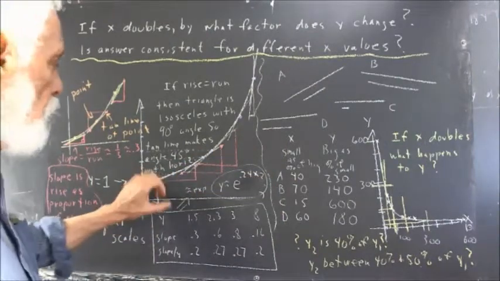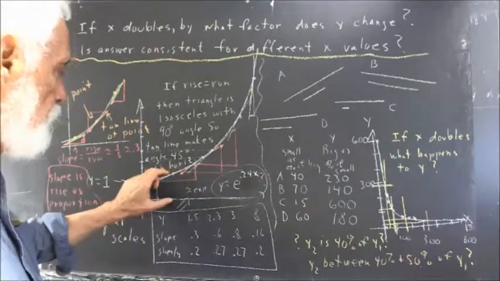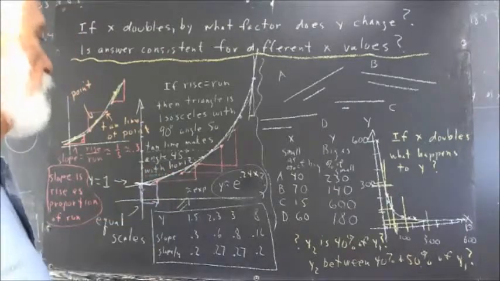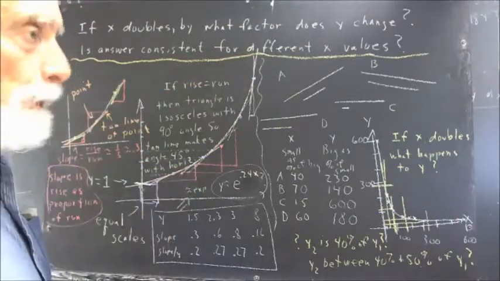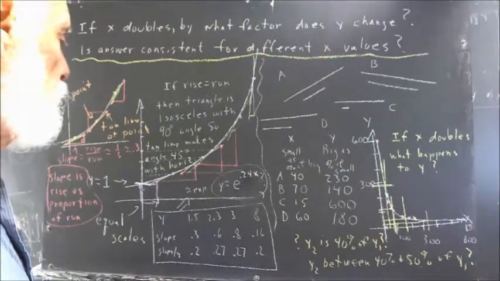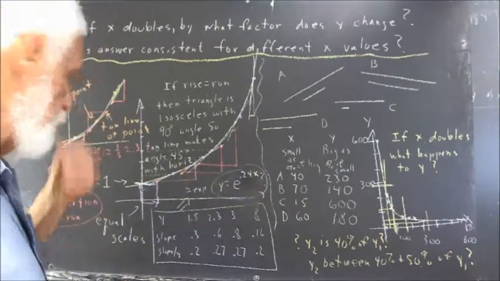The ratio of the slope of the tangent line to the value of the function is the same for every point. So let's see how I did with this graph.